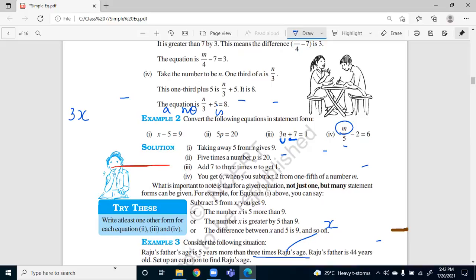So this is 3x and then it is 5 years more. So 5 years more means I have to add 5 to this and I will get the age of Raju's father, which is given in the question as 44. So this should be my equation.